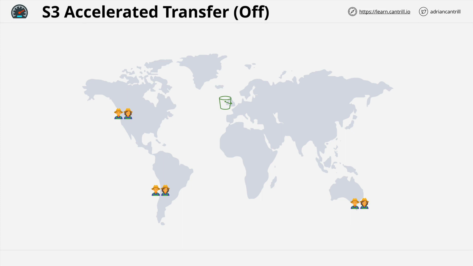We've got 3 geographically spread teams who are going to be uploading data to an S3 bucket that's located within the UK. Now, it might feel like when you upload data to S3, your data would go in a relatively straight line, the most efficient line to its destination. Now, this is not how networking works.